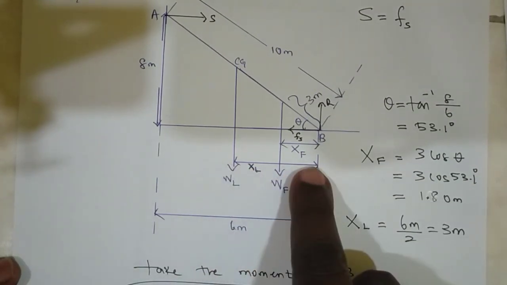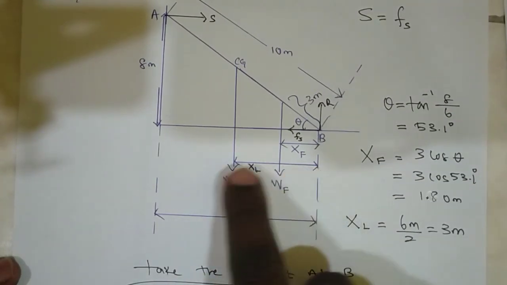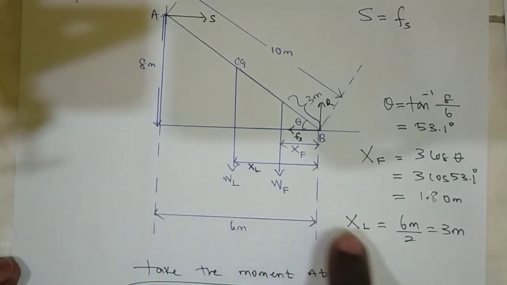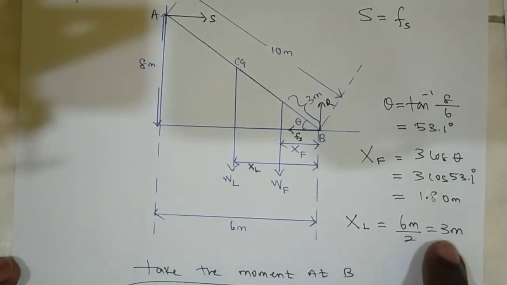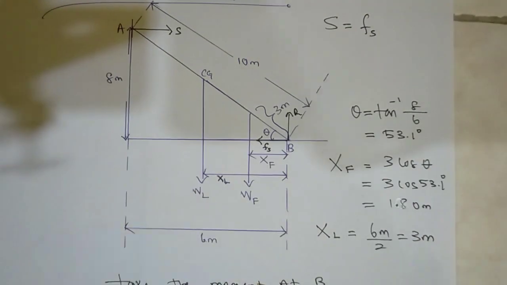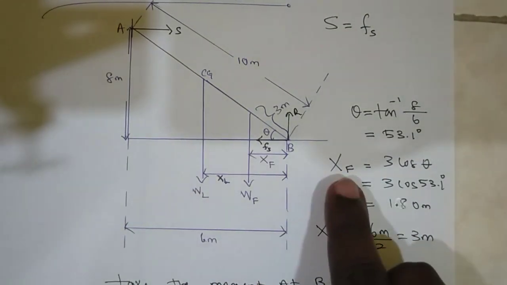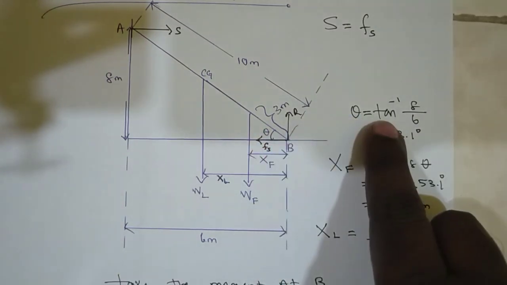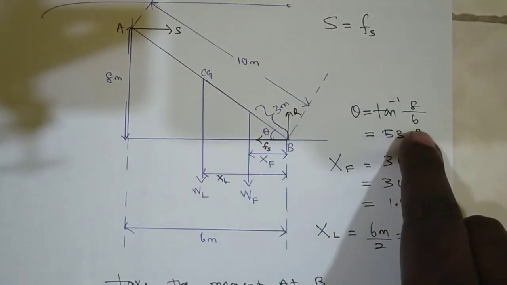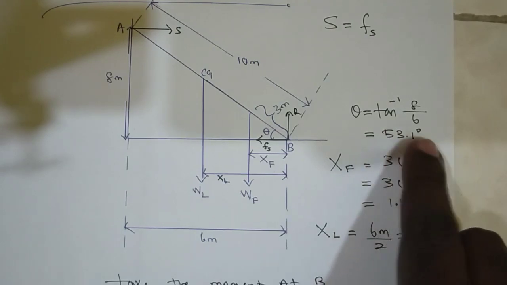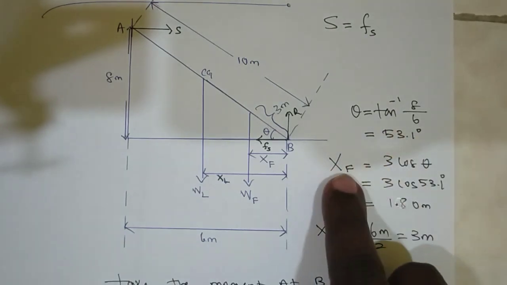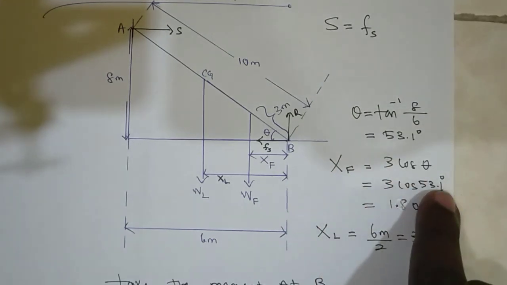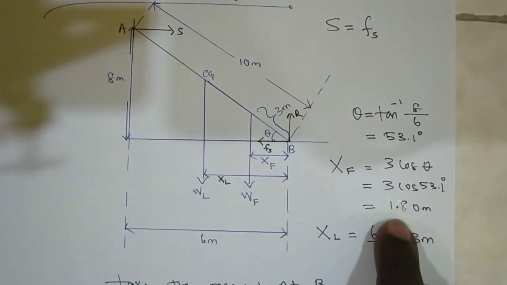XL is from the center of gravity, so 6 meter divided by 2, you will get 3 meter. To find XF, we have to find the angle, which is arctangent of 8/6 equals 53.1 degree. Mathematically, XF equals 3 cos 53.1 degree. You will get 1.8 meter.